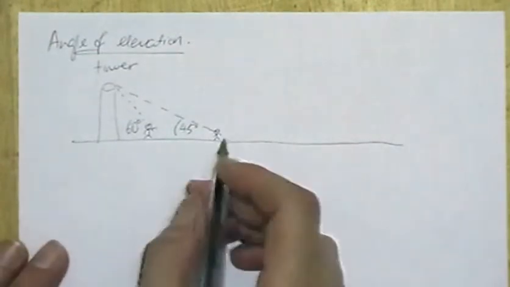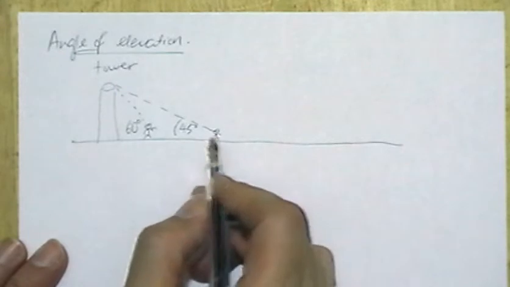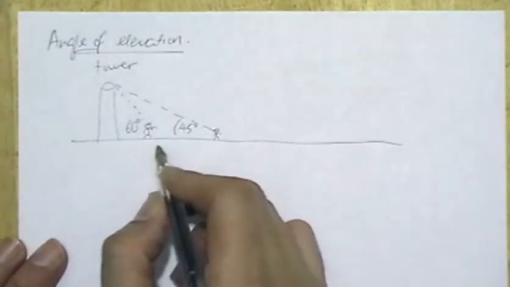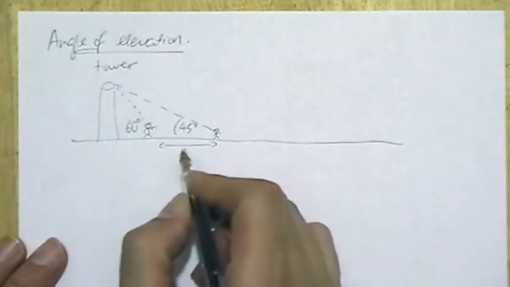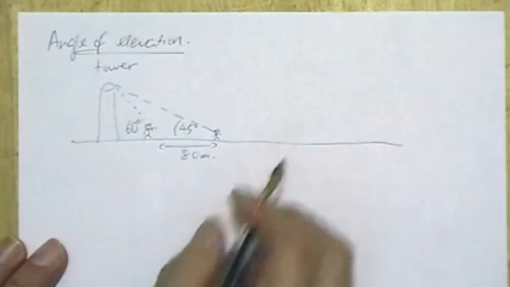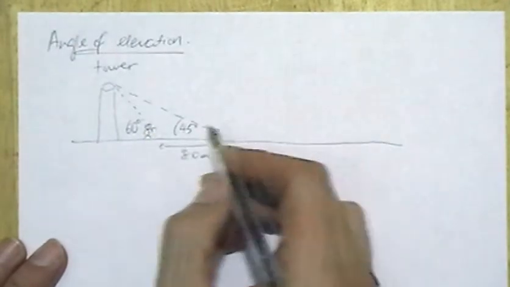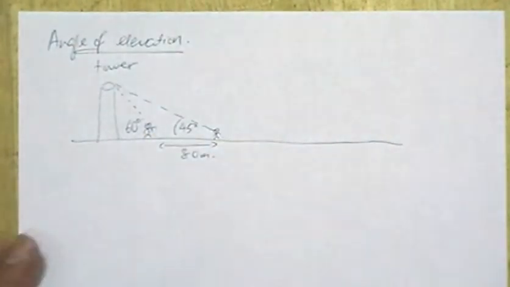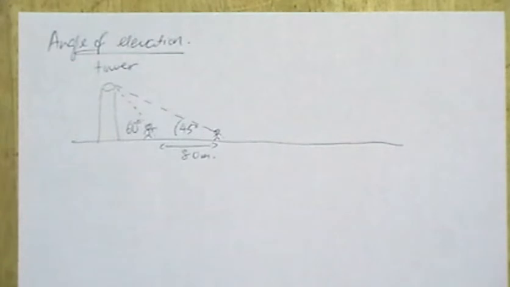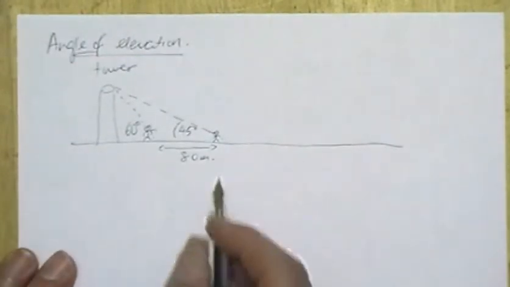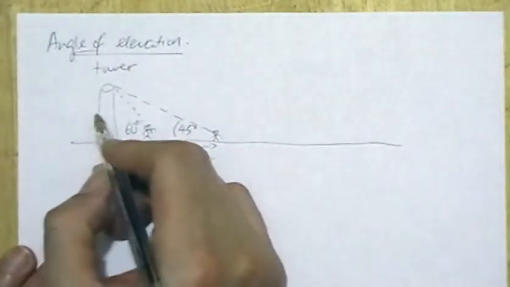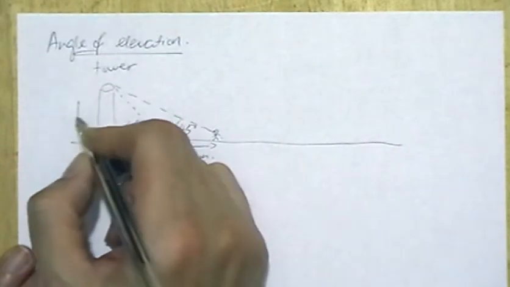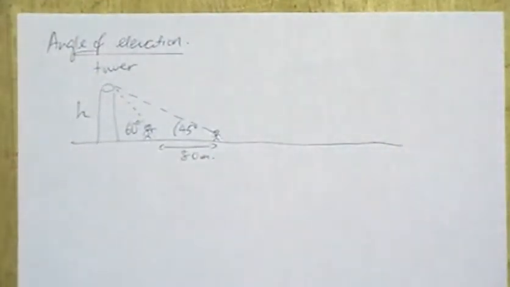And from here to there, let's say he has walked a distance of 80 meters. Then let us try and find the height of this tower.